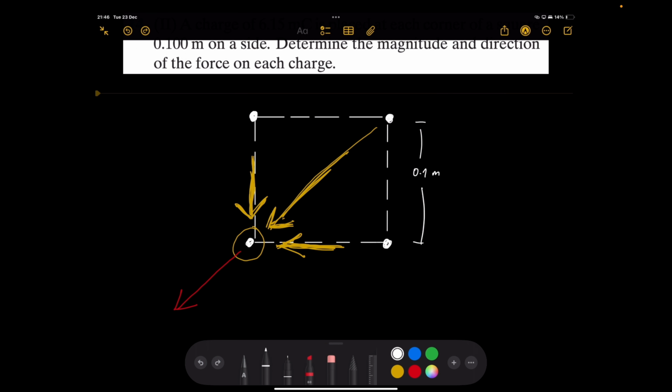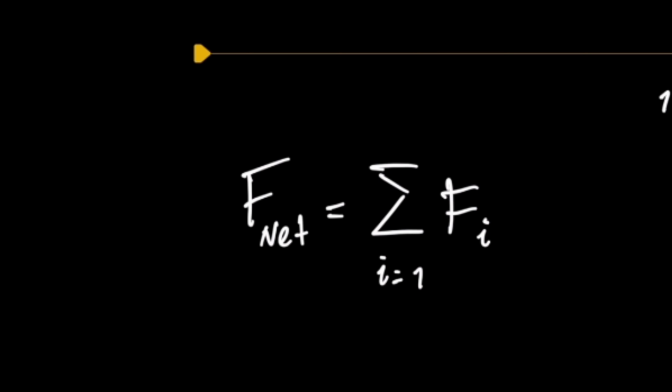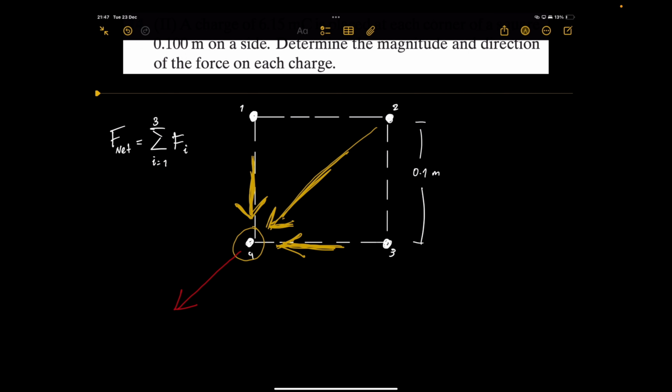So the final force I'm going to call F net, or the net force. It's going to be equal to the collection of all forces from the other particles. Let's put some names on this. This is particle 1, particle 2, 3, and 4. The sum goes from i equals 1 to 3. Why not 4?